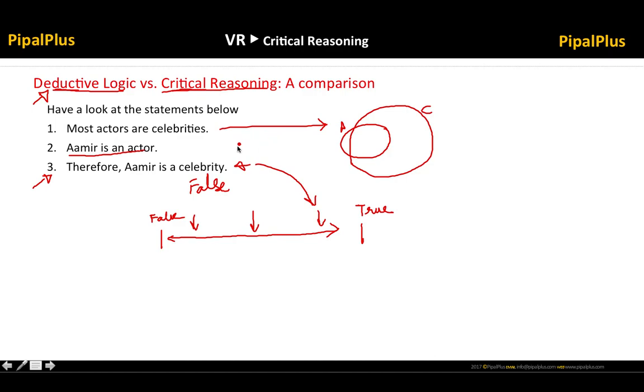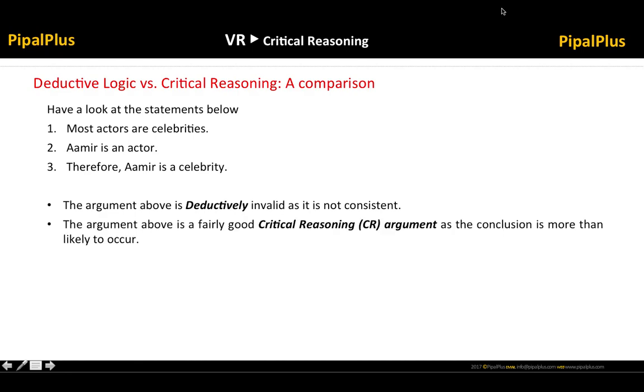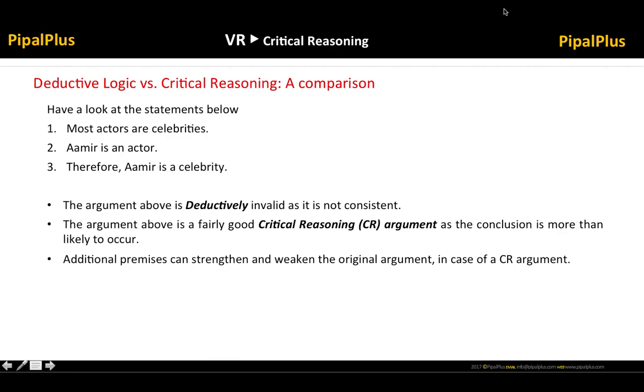So you realize the difference now. In deductive logic or logical reasoning, this statement will be false, but in critical reasoning, we will accept this statement for a discussion because it is most likely true. Like I said, this statement is deductively invalid, while it is fairly good for critical reasoning, because it is most likely to occur.